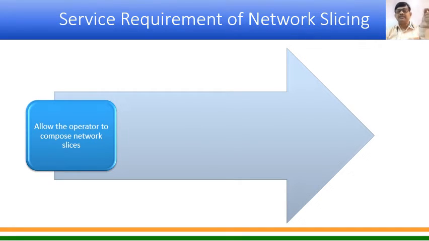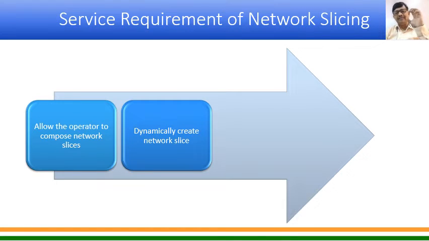The second requirement is that creation of network slices should be possible in a dynamic way. Dynamically, operators should be able to create a network slice. That means with a certain command or configuration, you'll be able to create a network slice. That's the requirement I'm talking about. The OEMs have to build such possibilities or features.